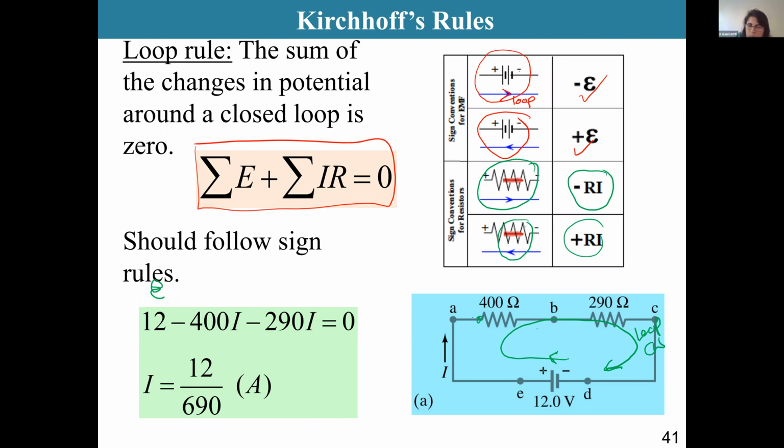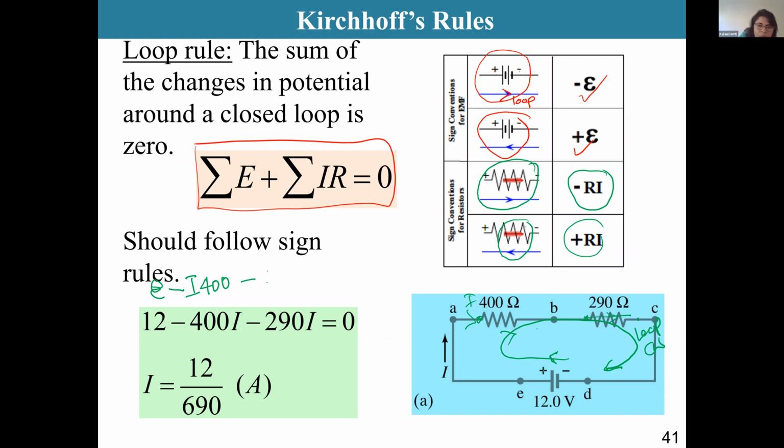When I move to here, my current direction is this way, the same as my loop direction. They are both clockwise. Because of that, I need to subtract I times whatever that 400 resistance is, right? And then we go here, again your current direction and loop direction are the same.